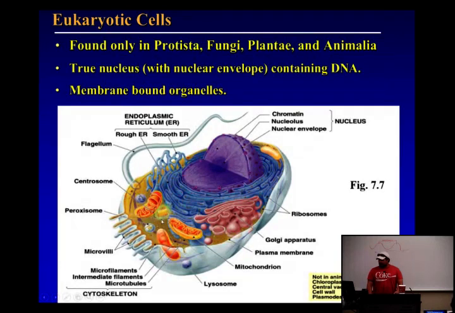Centrosome, we'll talk about this in chapter 13 and chapter 12. Ribosomes, you guys know what those are. And here you saw the things that we call microvilli, which are also known as cilia, that are found in your intestines. And then some cells have a flagellum, like in humans. Sperm is a good example.